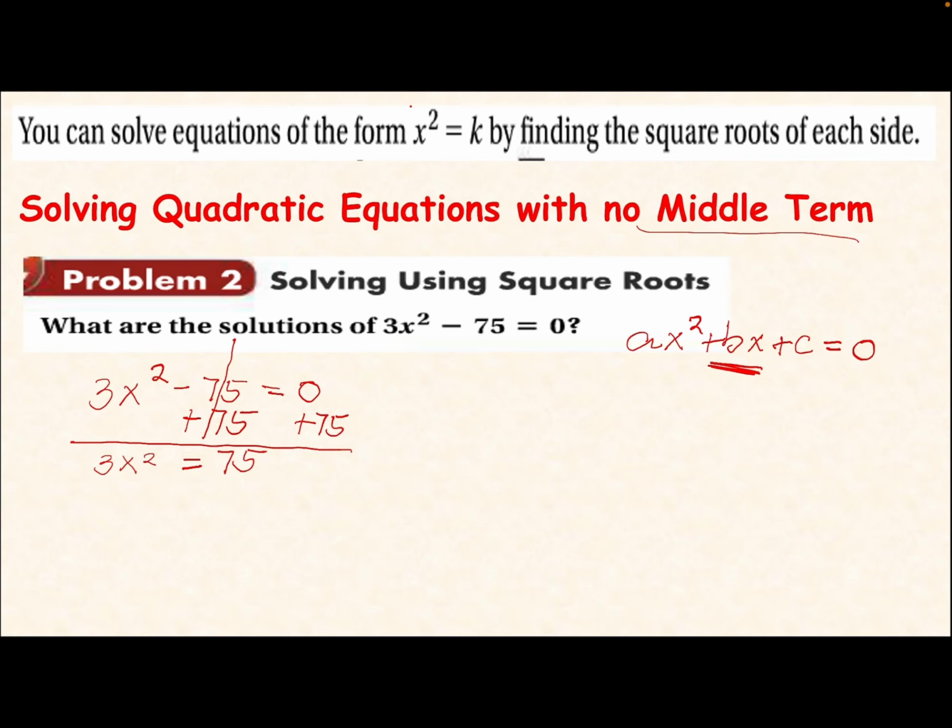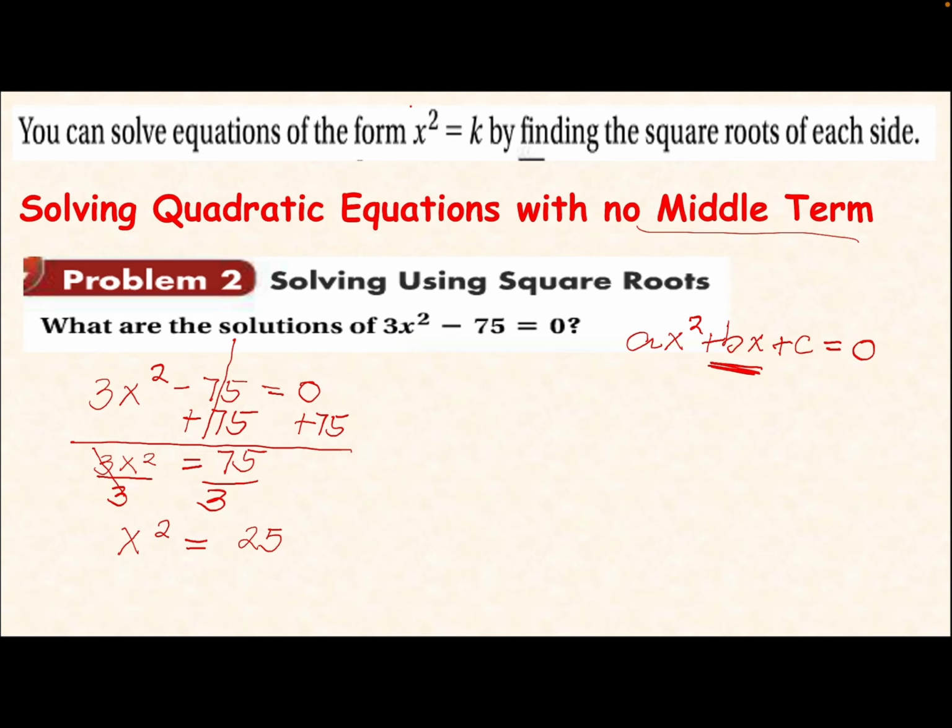The coefficient of x is 3, therefore we need to divide both sides of the equation by 3. So 3 divided by 3 is 1. Now you have x squared is equal to 75 divided by 3, that is 25.